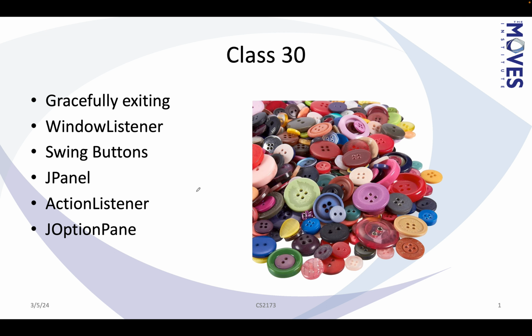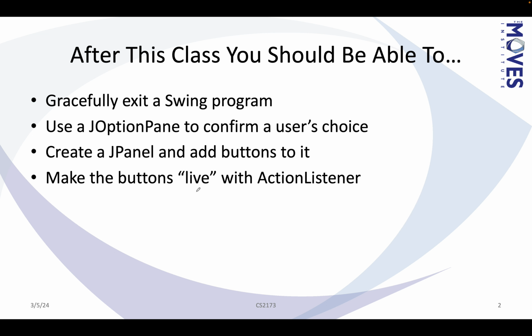But now, in order to make the buttons do something, we're going to need this concept called action. So what are the takeaways? You should be able to gracefully exit, meaning give the user a choice, and this thing called a JOptionPane is what we'll use to do that.